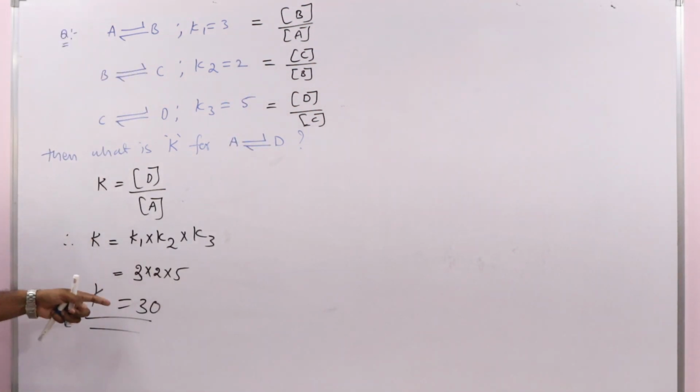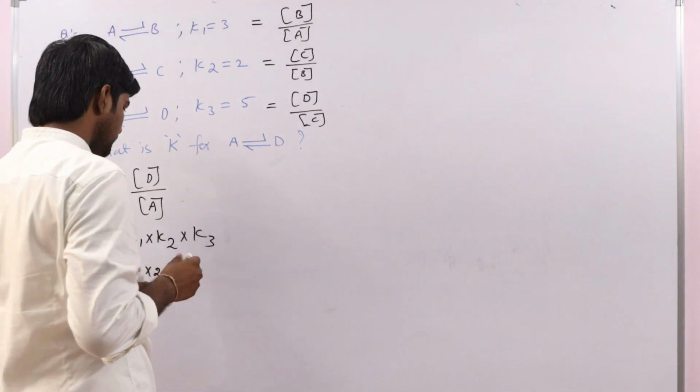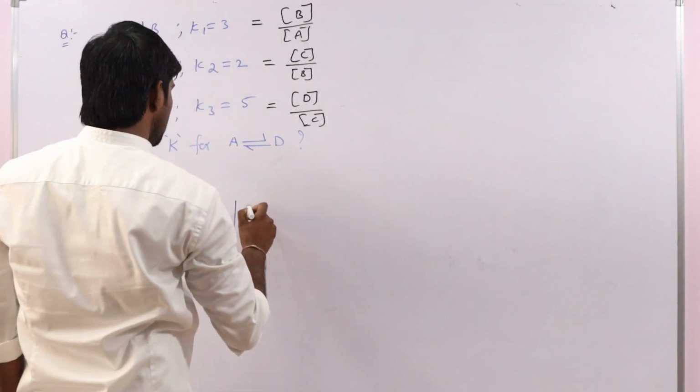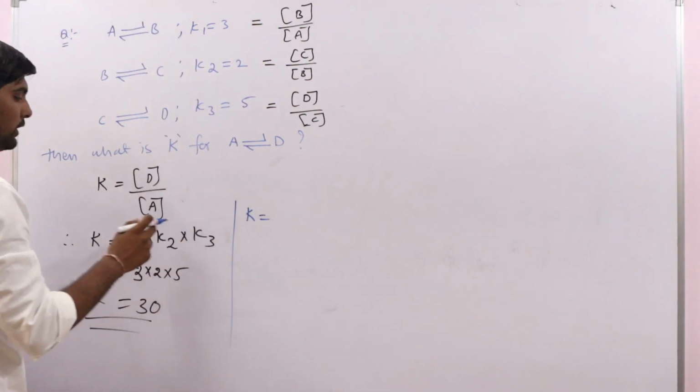Clear? For understanding purposes, you can also do it this way. Substituting, we get K equal to K1 into K2 into K3.